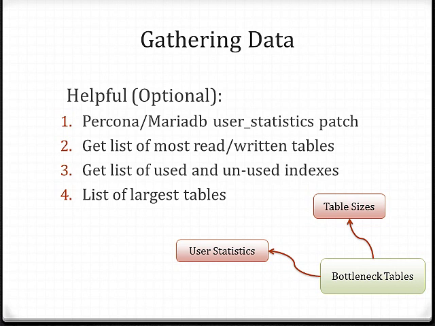It will also give you a list of completely unused indexes that originally, back in the day, you used, but now the database usage has changed. You don't use them anymore, and you should remove them because they're an overhead. There's also a query, not to do with the user statistics patch, that you can run to get the largest tables. I particularly use the largest tables because I try to shrink the database, so the size of the largest table is very helpful. And this is the data that I gathered.